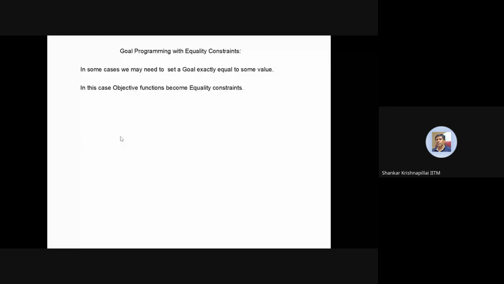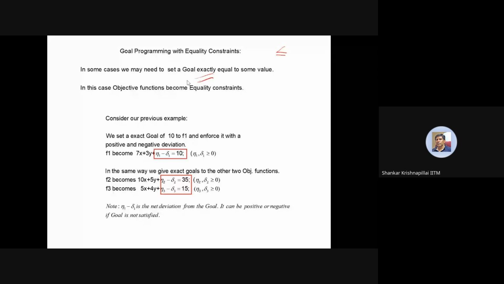Then goal programming with equality constraints. In some cases, we want to set a goal exactly equal to some value. In the last topic, we set the goal as less than or equal to something. If you want to put an equality sign, then it becomes more complex. Then you have to add a positive deviation and a negative deviation.